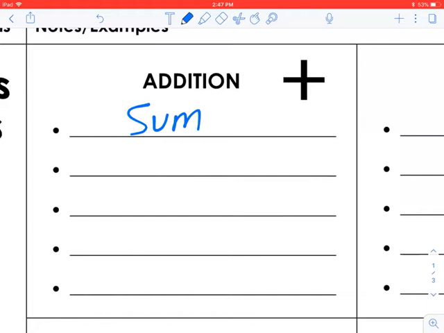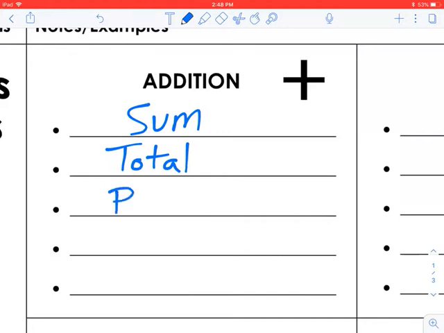If you find the sum, that means find what they all are together. Another one is total. Finding the total amount of money means you're adding the money together. Finding the total amount of people or whatever it might be, you're adding it together.